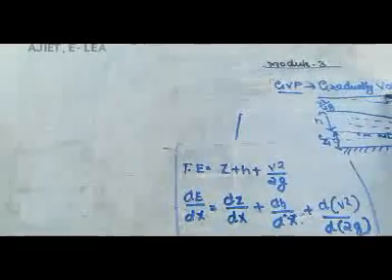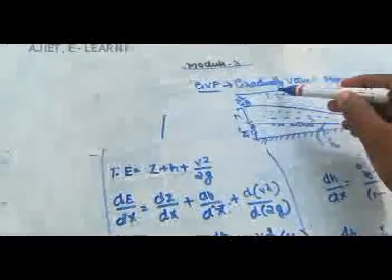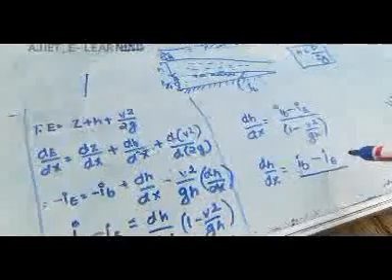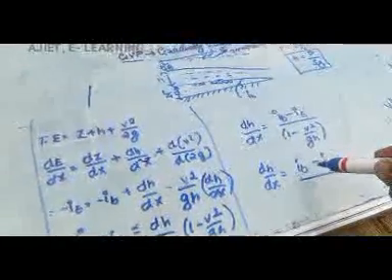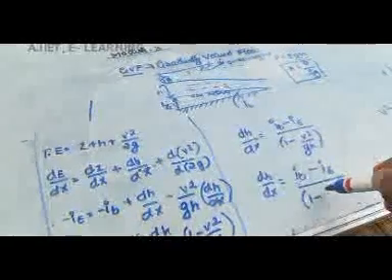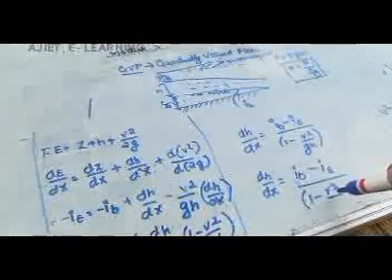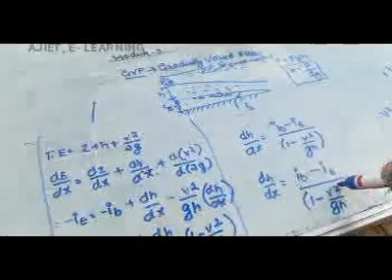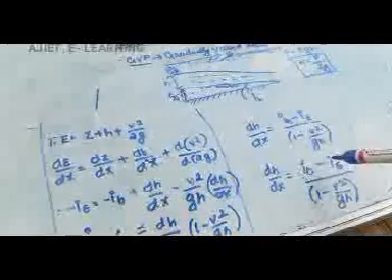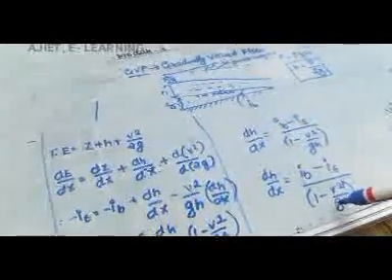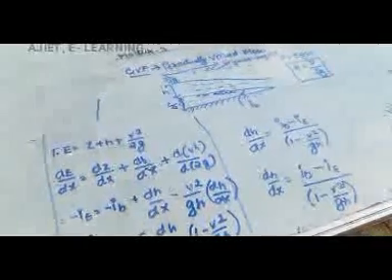V is the velocity, h is the water height, and g is the acceleration due to gravity.